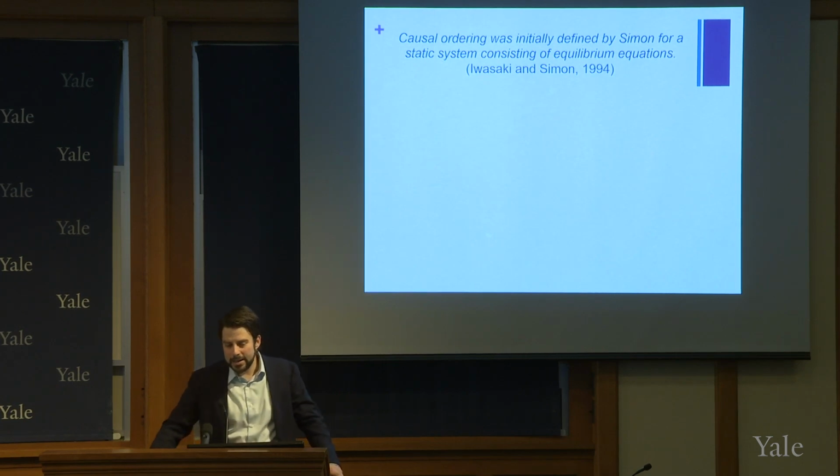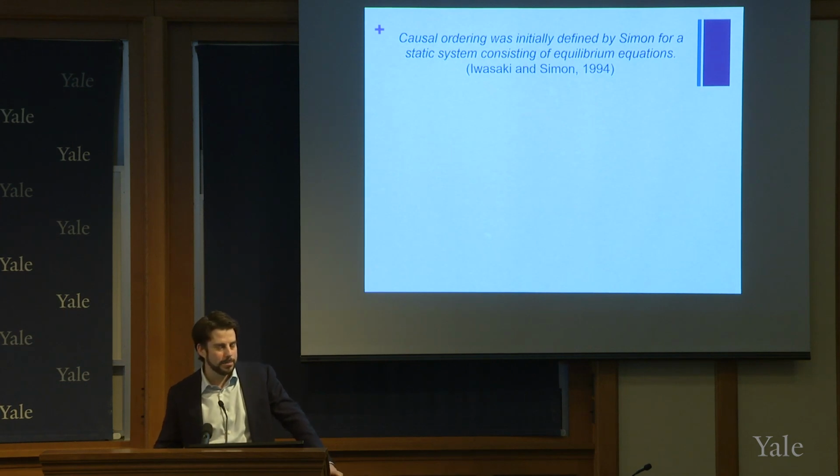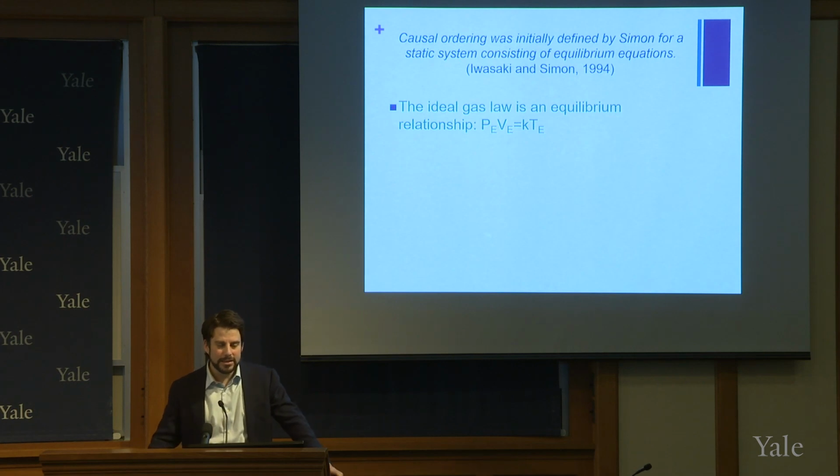where they claim that the initial causal ordering method was initially defined only for static systems consisting of equilibrium equations. Now, Simon had never really explicitly said this, but certainly you can see that in the example I talked about, we're considering all of these equations at equilibrium.